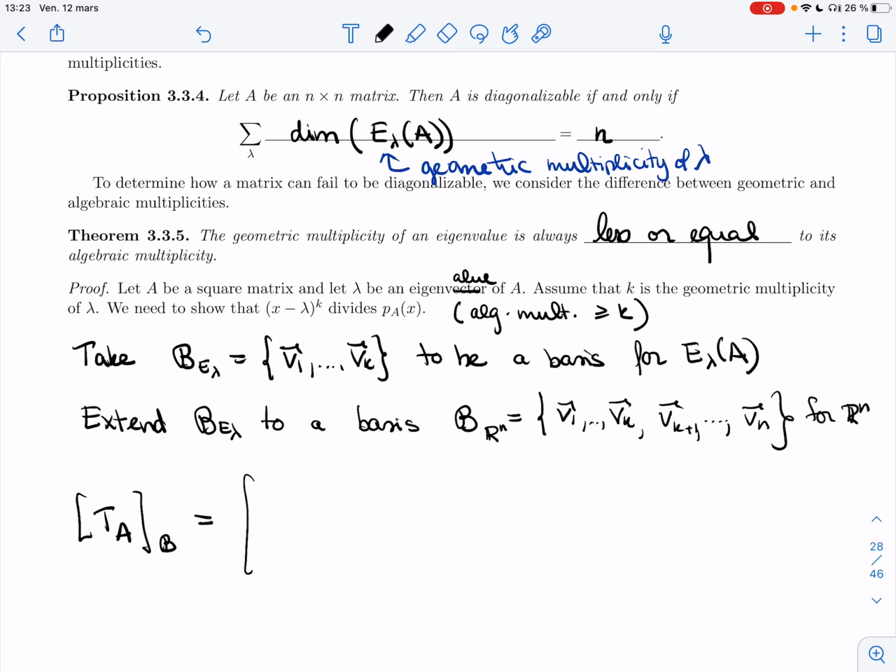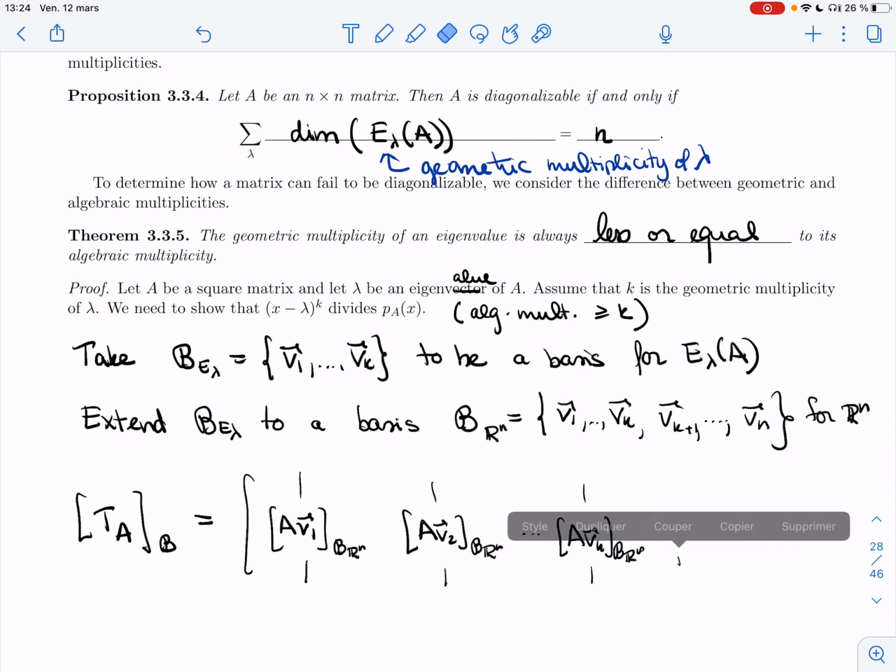For this, I'm going to apply T_A to v1, so I get Av1, and I want to write this in terms of my basis B for R^n, then Av2 in terms of my basis B, and so on up to Avk in terms of my basis B, and then the rest doesn't really matter. So this part will be a bit random.